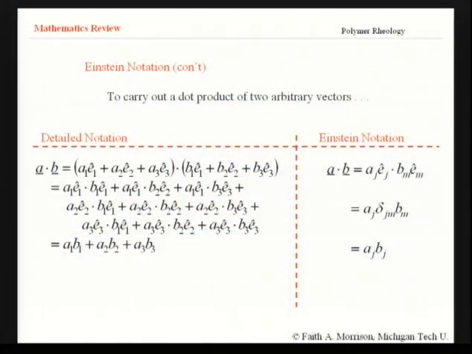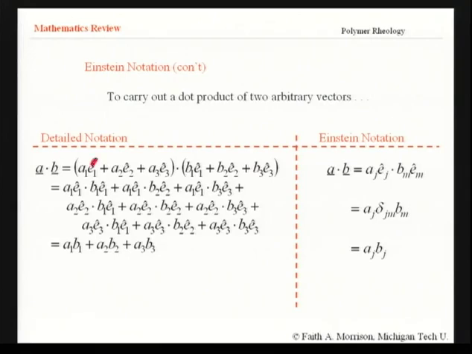So that is summarized on this slide. The big, hairy calculation of A dot B, where we write A with respect to this coordinate system with its coefficients, and B with respect to this orthonormal coordinate system with its 3 coefficients.